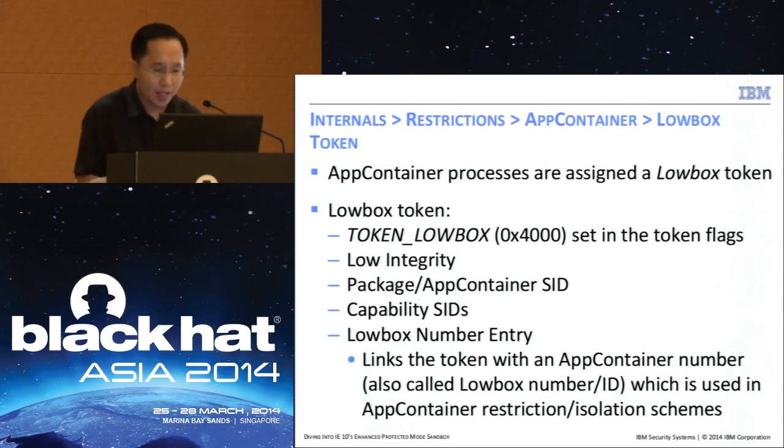Another important field in the lowbox token is the lowbox number entry field. It links the token to what is called an app container number or a lowbox ID. You can think of a lowbox ID as an ID assigned to app containers, and this ID is used in various isolation and restriction schemes that I will discuss later.